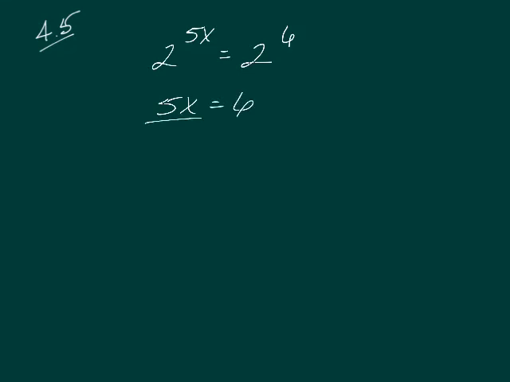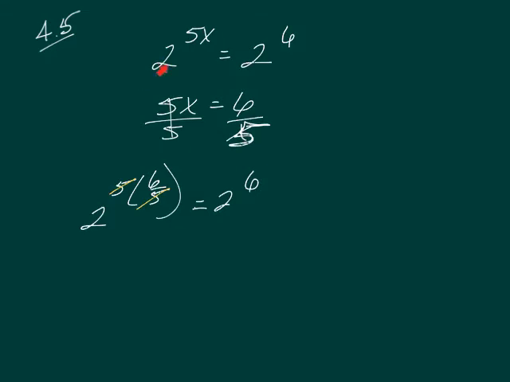So that means my x value has to be 6 over 5. So 2 to the 5 times 6 over 5 equals 2 to the 6th power. And when we do some canceling here and here, we get 2 to the 6th equals 2 to the 6th. So, all that to say is that if our bases are the same, our exponents also must be the same.